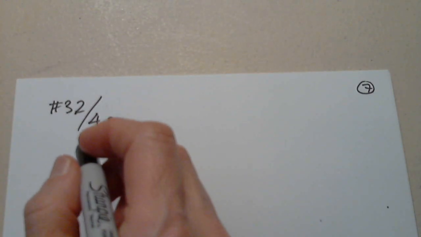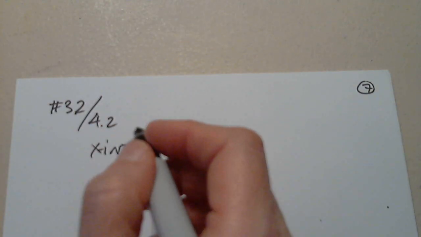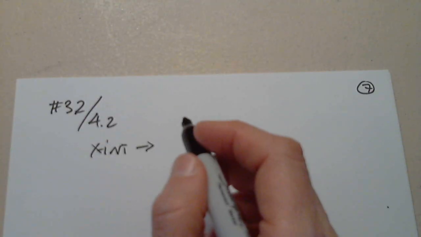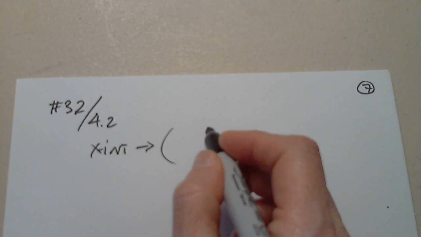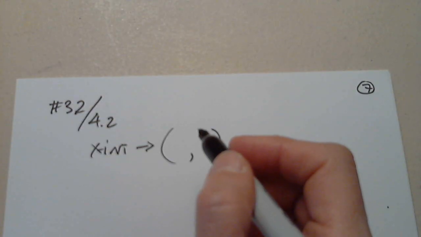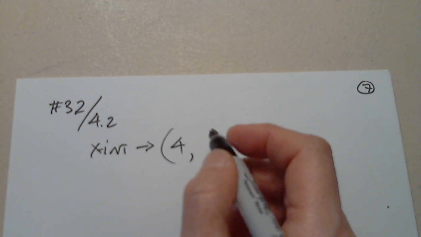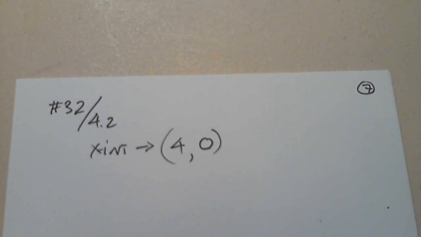Okay. Can anyone give us the x-intercept here? Time in hours. Distance in miles. The x-intercept is 4, in ordered pair format, please. 4 comma 0.